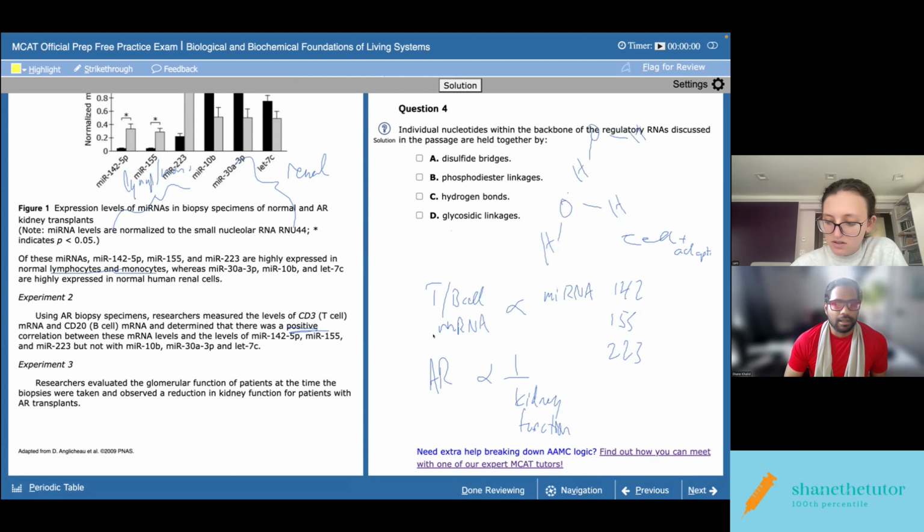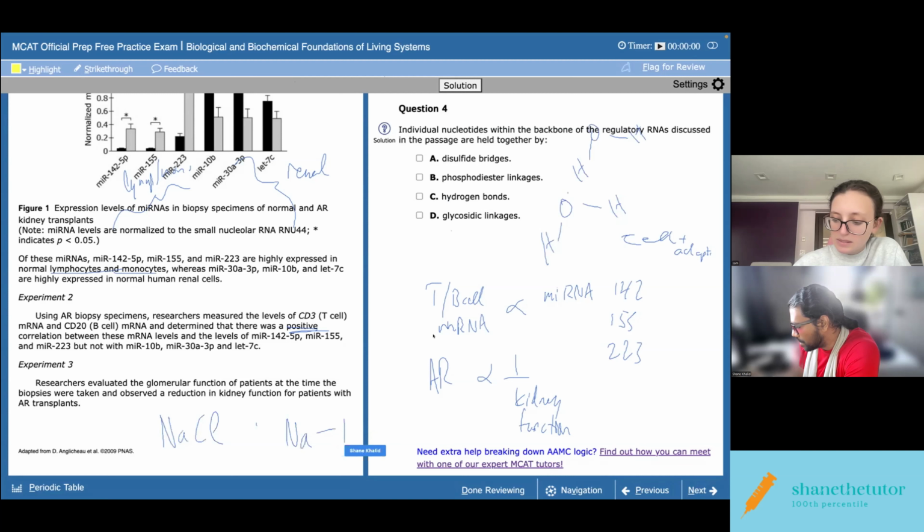But if we think about a regular ionic bond like NaCl, that would be Na bound to Cl with a line, right? Now let's say we have H2O: oxygen and two lines to H's, right?